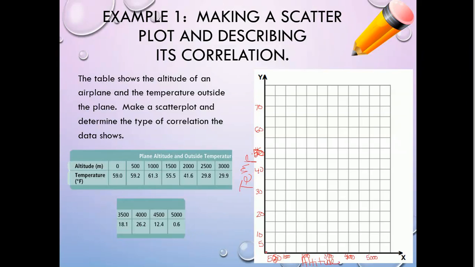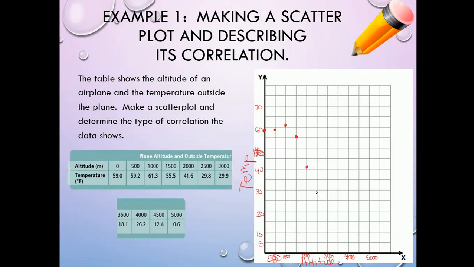I have 0, 59, so 0, 59 is going to be right about there. 500, 59.2, so that's a little bigger. About right there. 61.3 on 1,000, so just above. 1,500, so the next line, is 55.5. 2,000 is 41.6. 2,500 is 29.8.